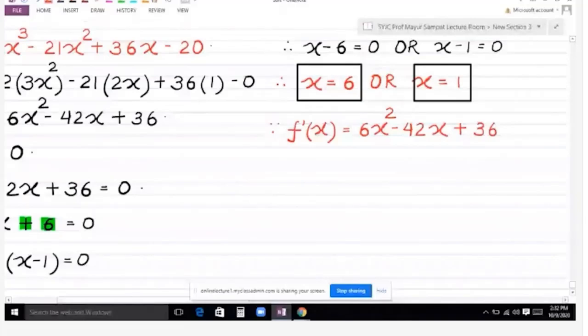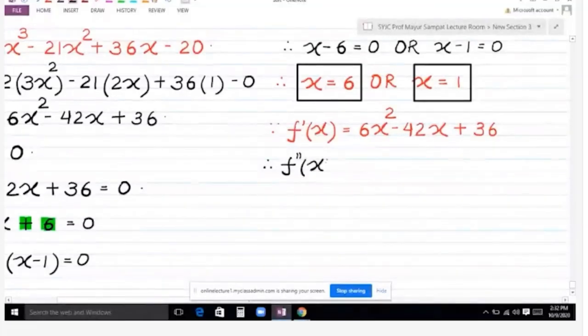Next step, again differentiating both the sides with respect to x, applying the operator d by dx on both the sides. Derivative of f dash x is f double dash x.